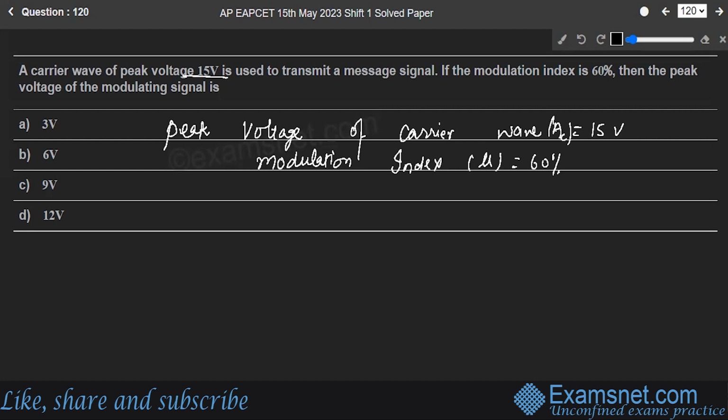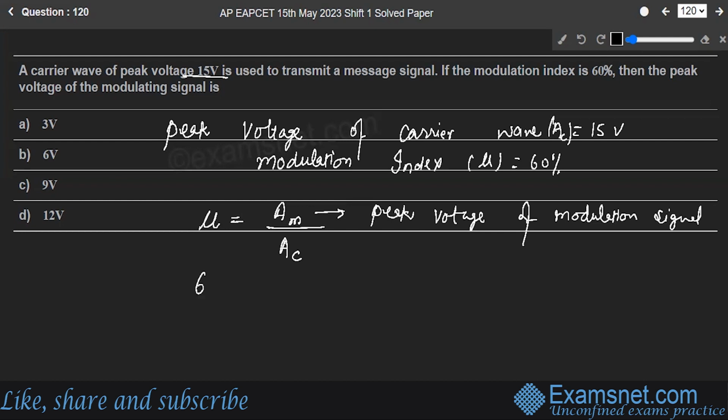Modulation index is the ratio of the maximum amplitude of the signal wave to the carrier wave, where this represents your peak voltage of modulation signal.